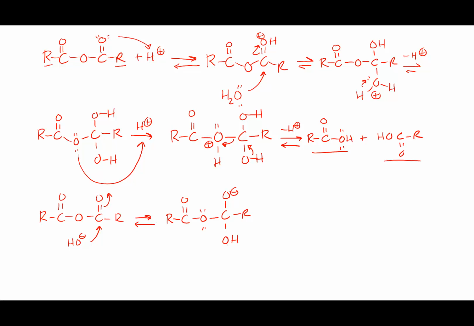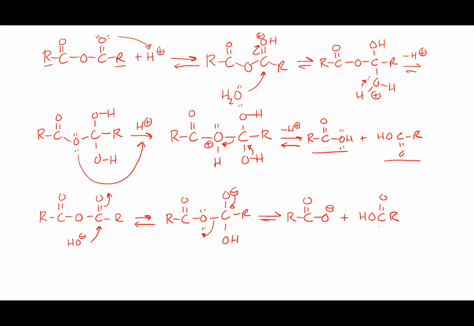And again, when you form that O- by attacking a nucleophile, the O- would want to come down. In this case, the carboxylate group would be the leaving group because it's a weak base, because the carboxylic acid group is strong. And so we would have that group be the leaving group, so that we end up with the O-, and then we would end up with the carboxylic acid group on the other side when the carbonyl reforms.